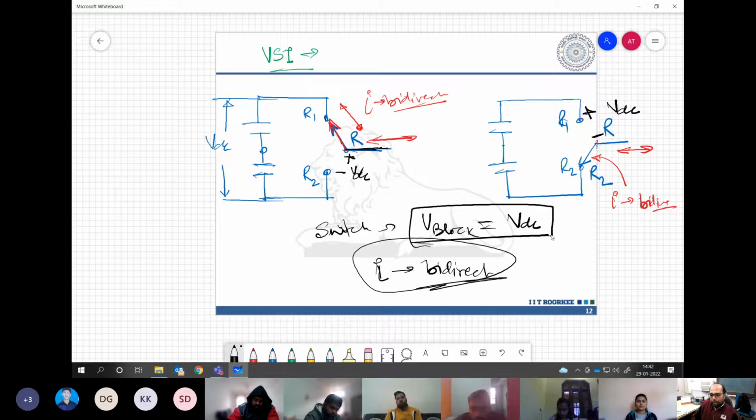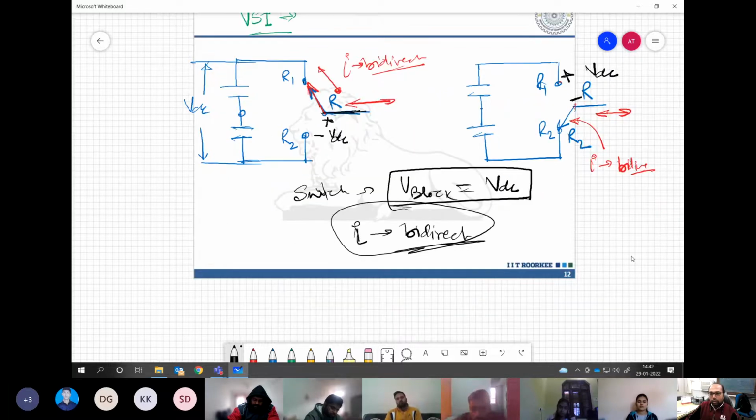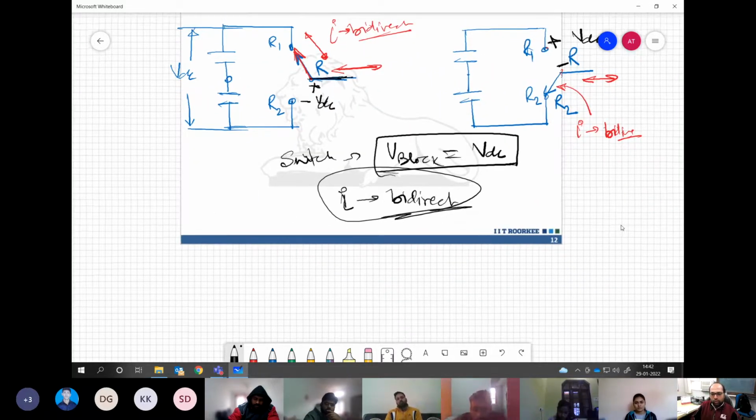So these two properties the switch must have, which means we are looking for a characteristic for both R1 and R2, something like this. We have one polarity, say, when we take R as positive polarity. This is the kind of requirement R1 is having.